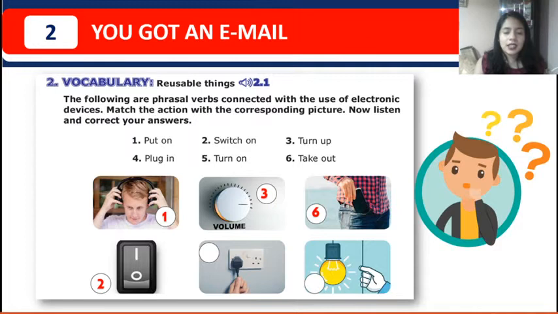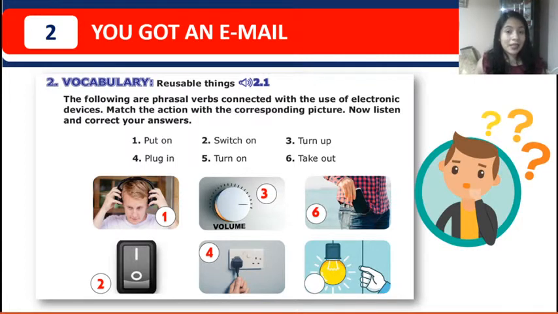What about the next? You see, we have a wire that is connected. So how is another way to say connected? This is plugging. Yes, listen, it's very important, guys, that you stop saying connected and try to use plug in, okay?